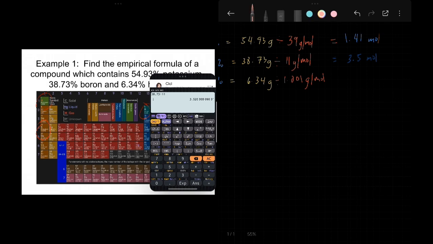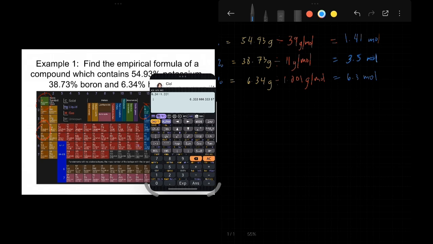Next, 6.34 divided by 1.001, and you got 6.3 mole.